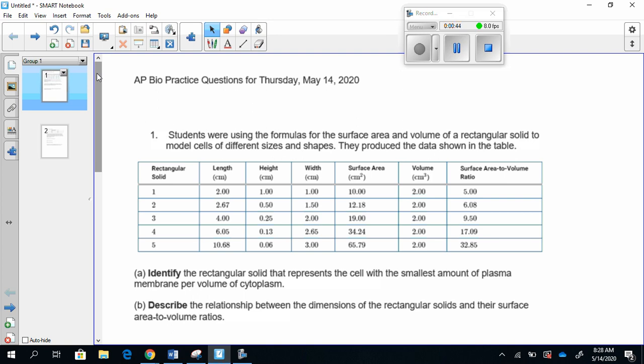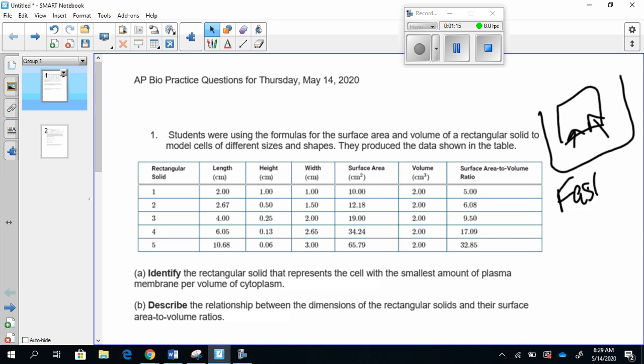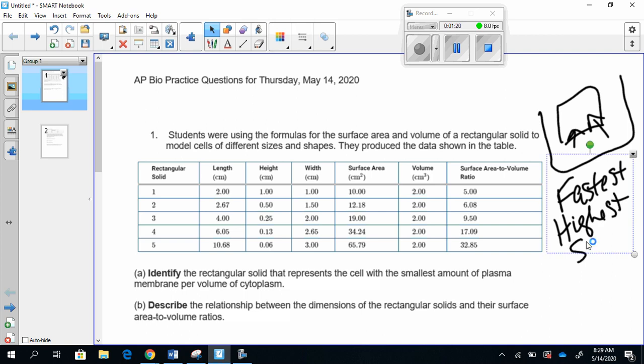So remember you guys did this, like you took the agar blocks and they were blue because they had bromothymol blue in them, and then you placed them in a container of vinegar and you saw how long it took for diffusion to occur in them, and you measured all of their lengths, heights, widths, and you calculated surface area to volume, and you definitely saw that the cells that had the fastest rates of diffusion had the highest surface area to volume ratio.